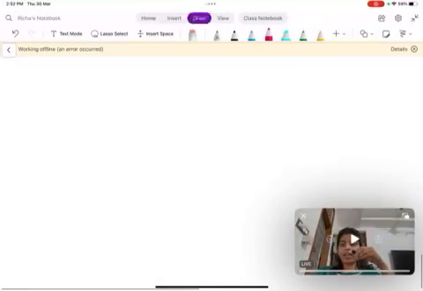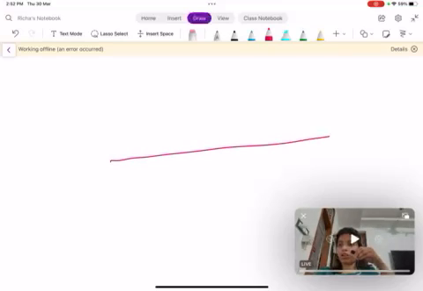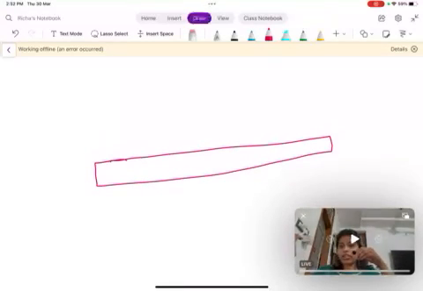Now what I have is a bar of chocolate. This is my bar of chocolate, and I want to divide it into a 3:5 ratio. So what does it mean?